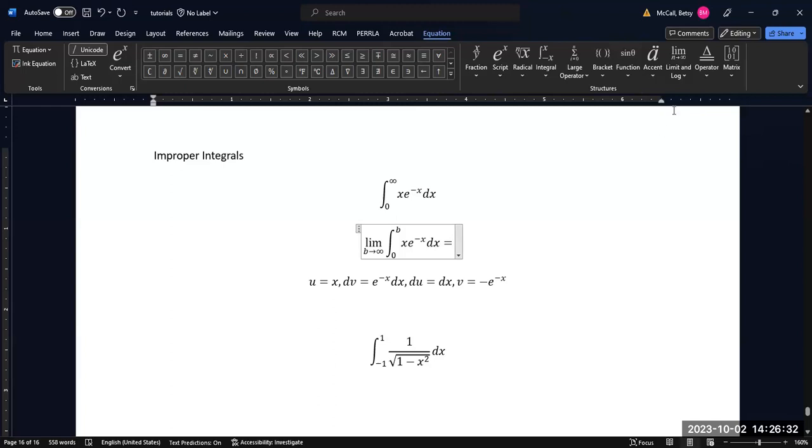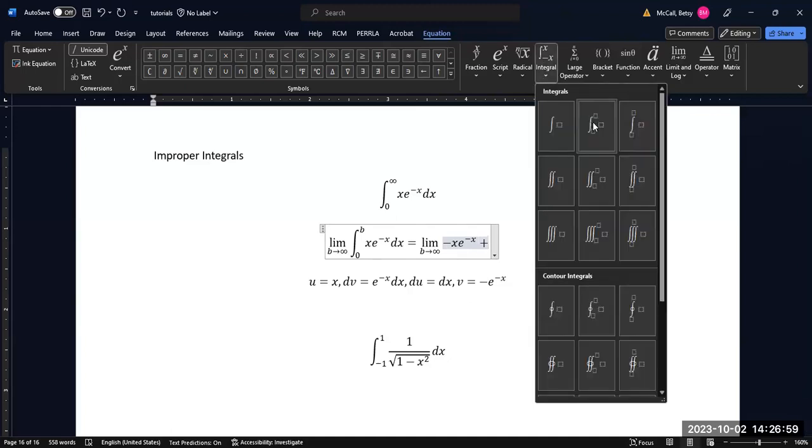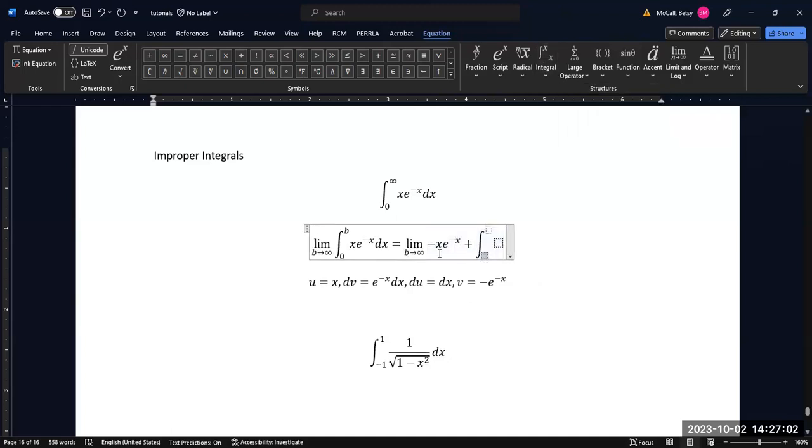And so that's going to give us, again, another limit. B goes to infinity of negative x e to the negative x, that's vu, and then minus a minus is going to be a plus, the integral of e to the negative x by itself.